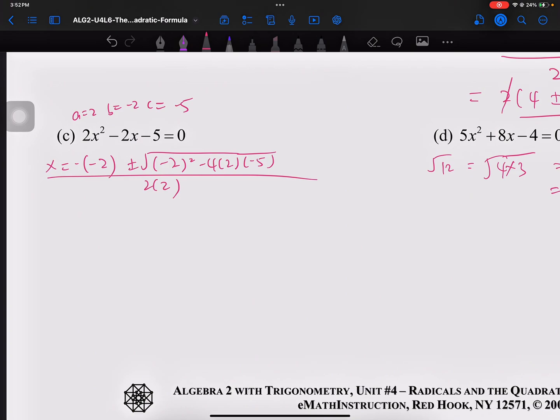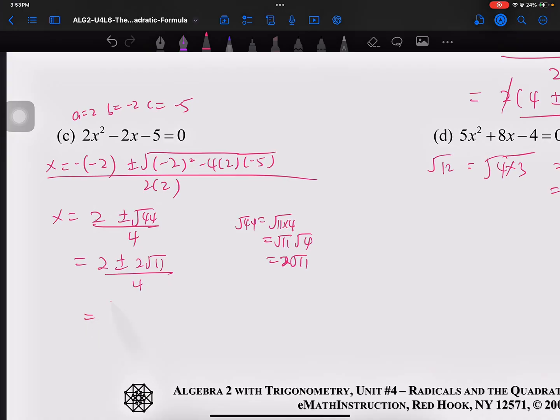So from here you will get x is 2 plus or minus the square root of 44 over 4. So the square root of 44 is root 11 times 4, which is root 11 times root 4. So you have 2 root 11. Okay, so here it changes to 2 plus or minus 2 root 11 over 4.